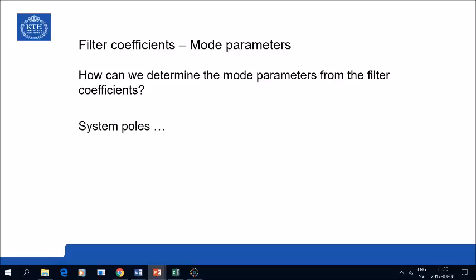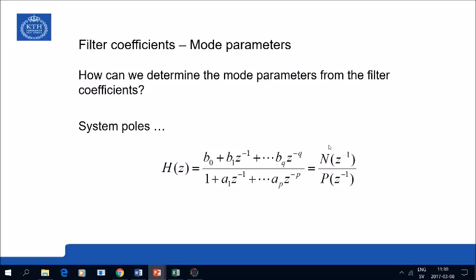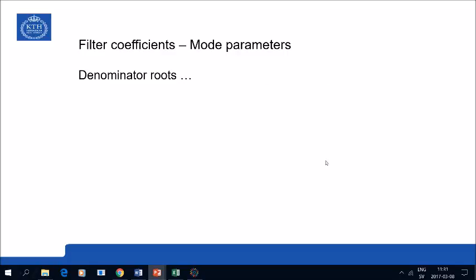Well, if we start with the system poles and the transfer function, we reformulate the transfer function with P as the denominator polynomial and N as the numerator polynomial. Then the denominator roots: if we find the roots Z1 to Zp, since the denominator is a p-order polynomial, we have exactly p roots.